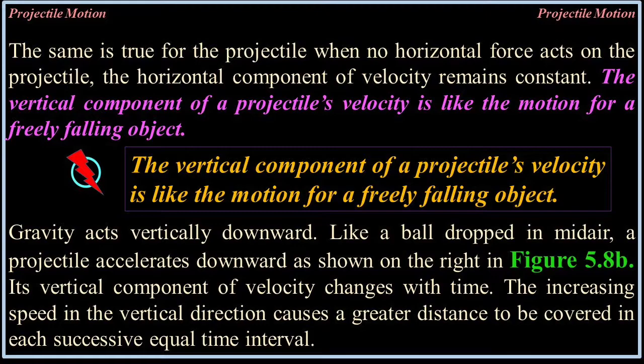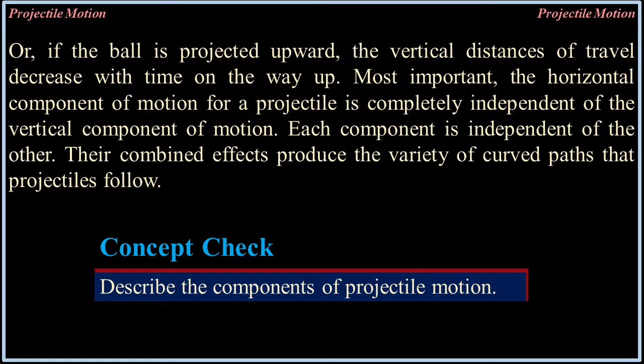The increasing speed in the vertical direction causes a greater distance to be covered in each successive equal time interval. Or if the ball is projected upward, the vertical distance of travel decreases with time on the way up.